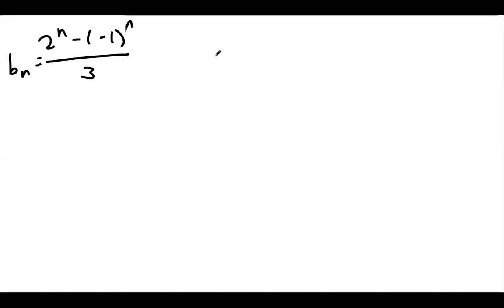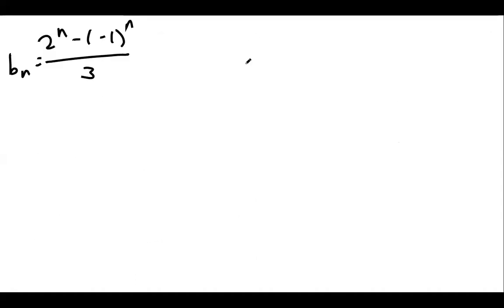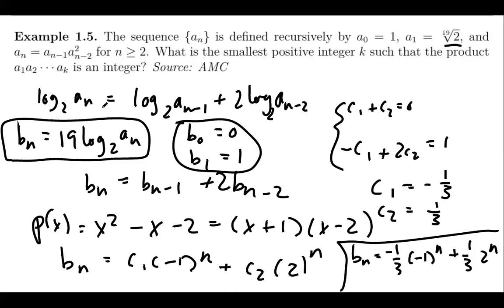So now let's go back to a. Remember that we said that bn equals 19 log base 2 of an. So if we make this an exponent instead, that means that an equals 2 to the bn over 19. And remember that we're looking at this product here.